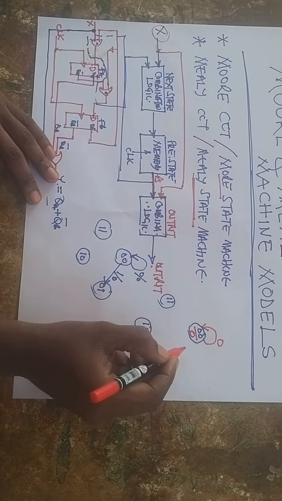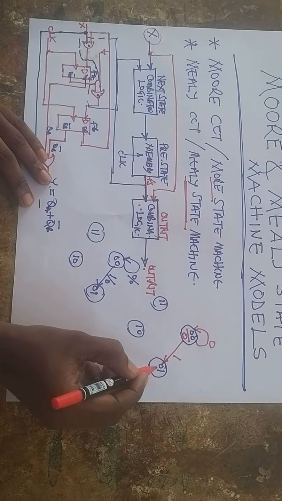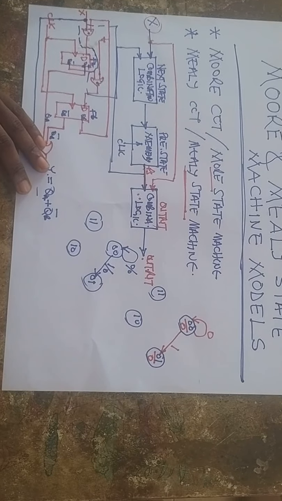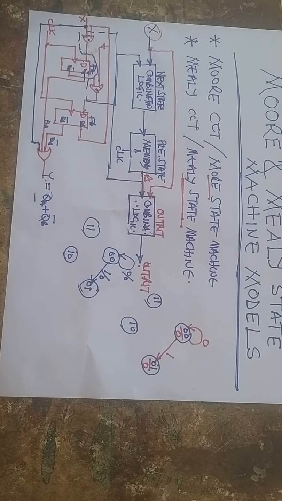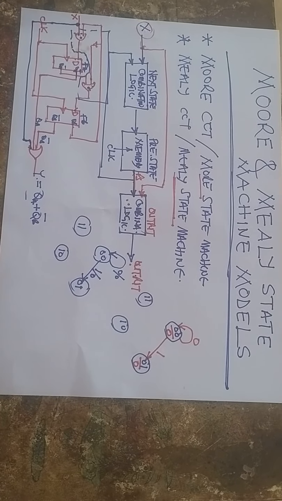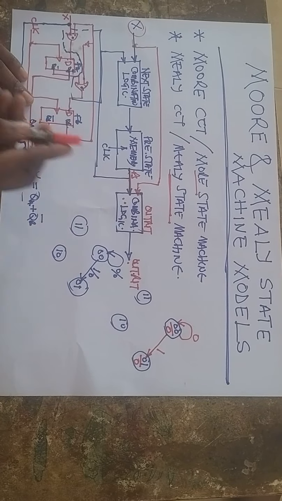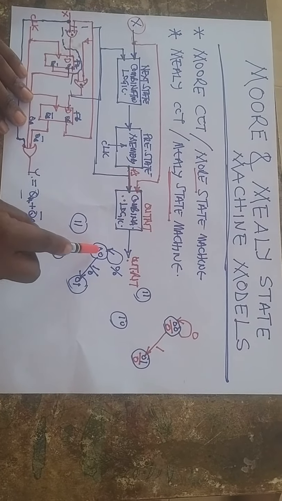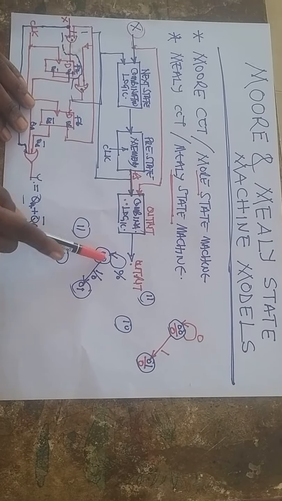So for here the input is 1, and I'll only show the input. That is how Moore represents his state diagram. With the Moore representation, you have the state and the output in the circle. But with the Mealy, you have the state in the circle and then the input and the output on the transition.